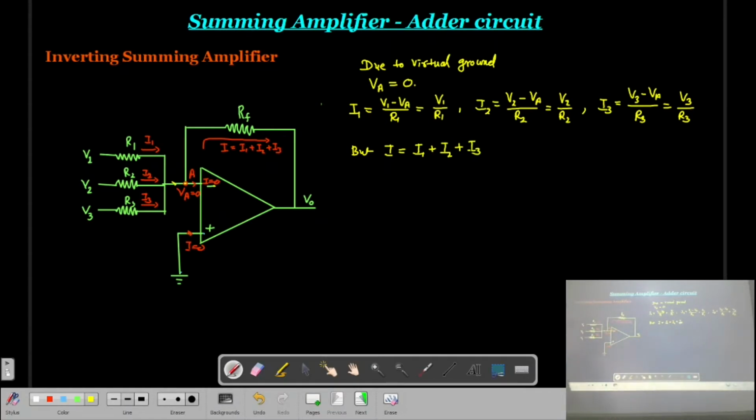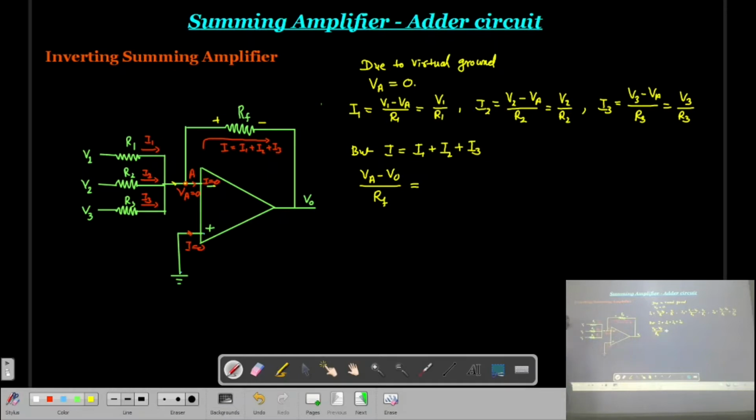Correct? Now, what is the total current? If you calculate it applying Ohm's law, this end is going to be positive and this end is going to be negative. So the total current is written as (VA minus VO) divided by RF, where this potential is VA and this potential is VO.